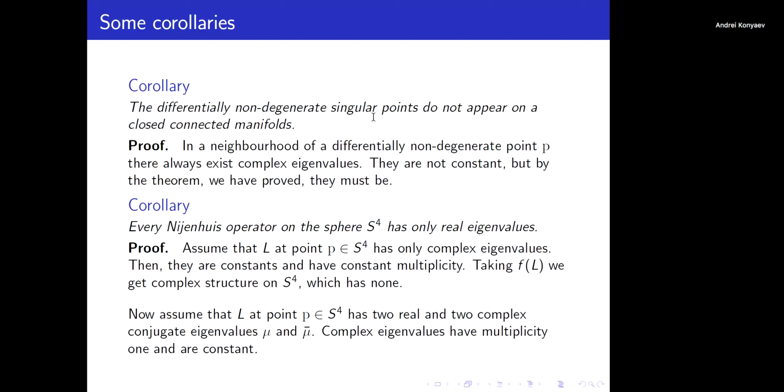Well, because those eigenvalues become constant, right? If they do not coincide at the point, they do not coincide everywhere. If they coincide, okay, they coincide, but we take FL and we get the complex structure. We have a complex structure because L is Nijenhuis and FL is also Nijenhuis, and its square will be -1. So now we assume that it has 2 complex eigenvalues.